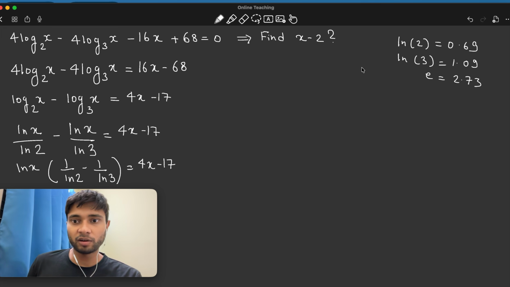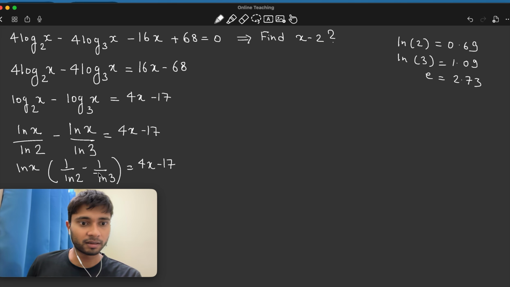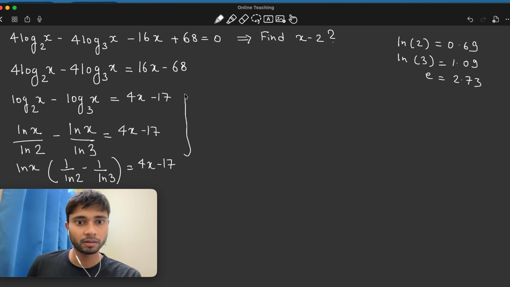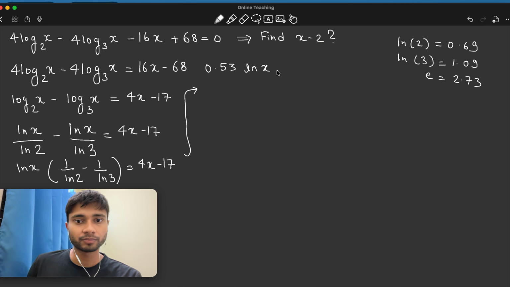If I plug the values of ln 2 and ln 3 over here, this term reduces to 0.53. I have already solved this part, so I can just write it here. This will turn to 0.53 ln x is equal to 4x minus 17. So this is the equation it has been reduced to.